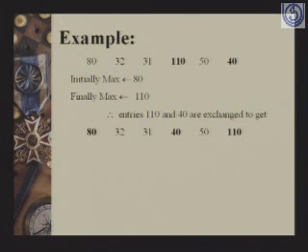Now we go to the next element, which happens to be 110. And we know 110 is not less than 80, therefore our current maximum now becomes 110, and the position of 110 is 4. The current maximum is 110 and the position of the current maximum is 4.